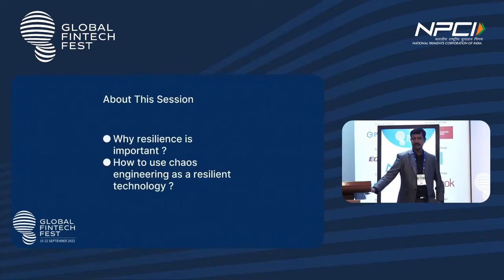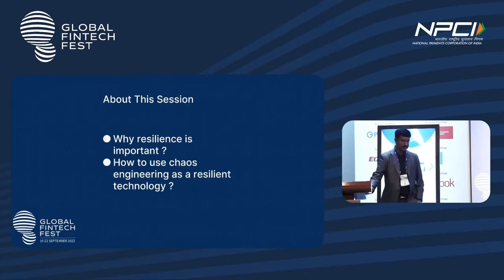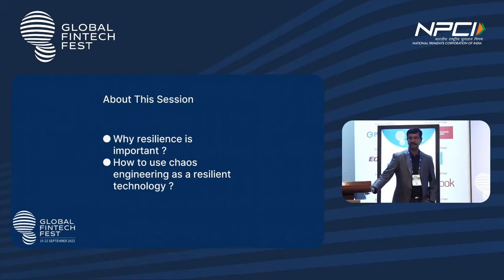So what is it that we are going to talk about today? The topic is resilient technologies. There are many things that we do to make our business services resilient, and you deploy very good, highly available services, and irrespective of that, you still have reliability issues.